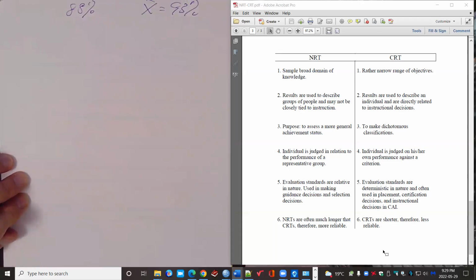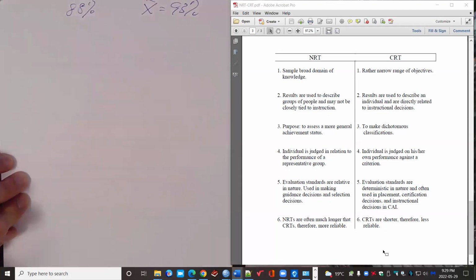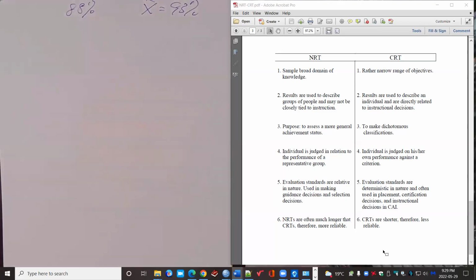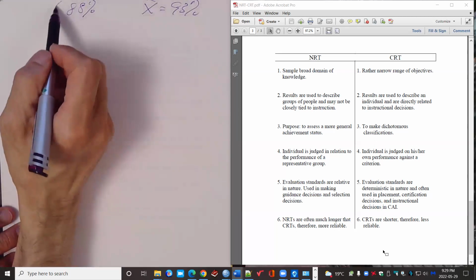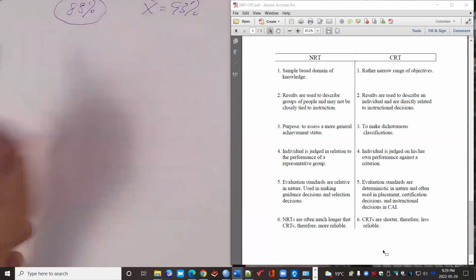Your rank within the class. So you may be number 2 in the class. Only one student has a better performance than you do. Okay? So in that scenario, we are combining CRT with NRT. But I have to assume this is 88%.